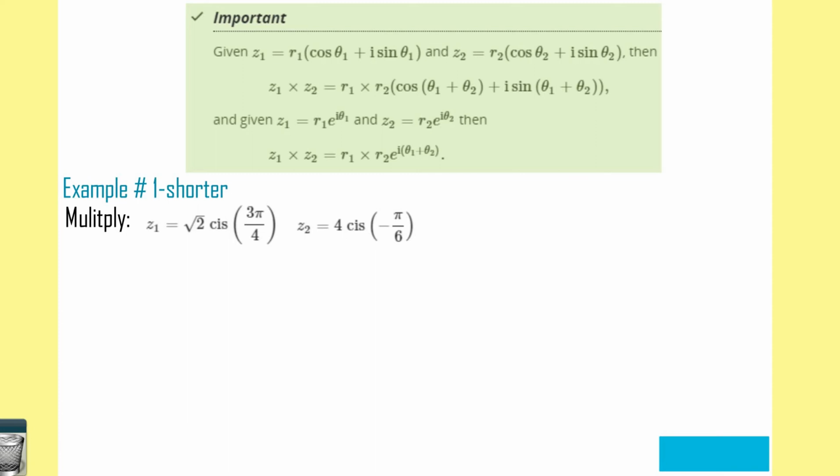So here we multiply the modulus, so we get 4 square root of 2. And then cis theta, we add the angles. So I'm going to rewrite them with 12.